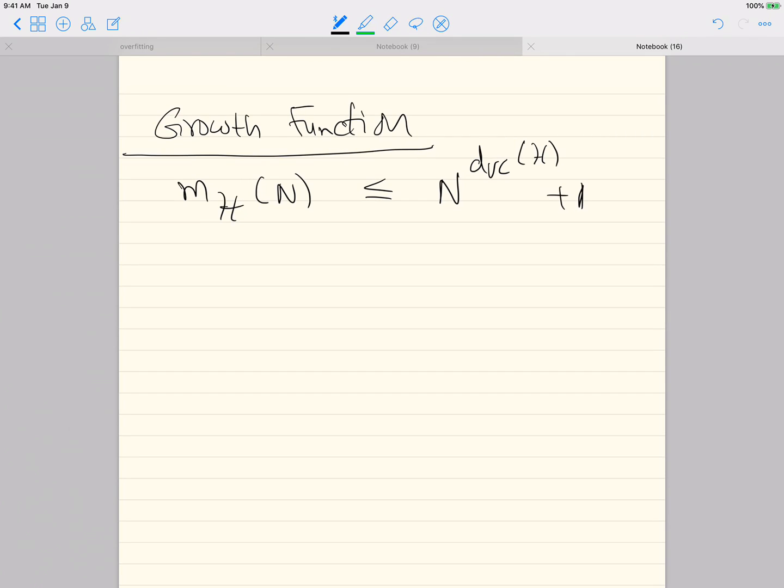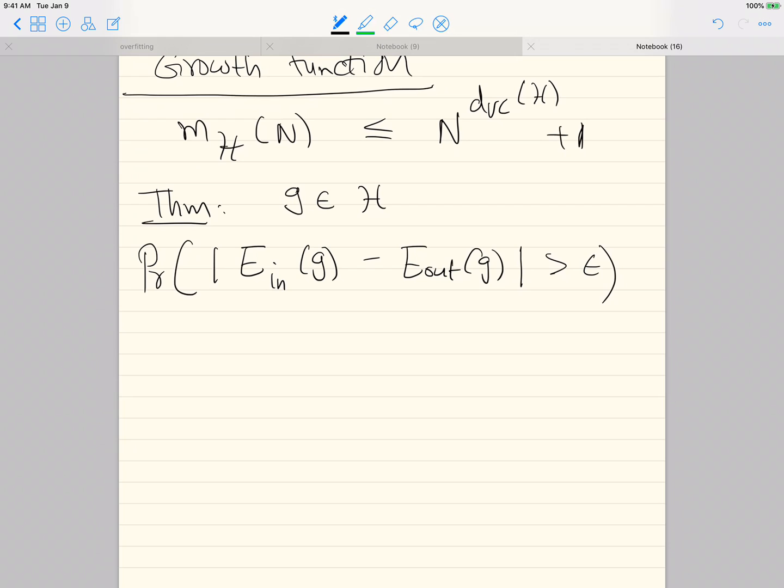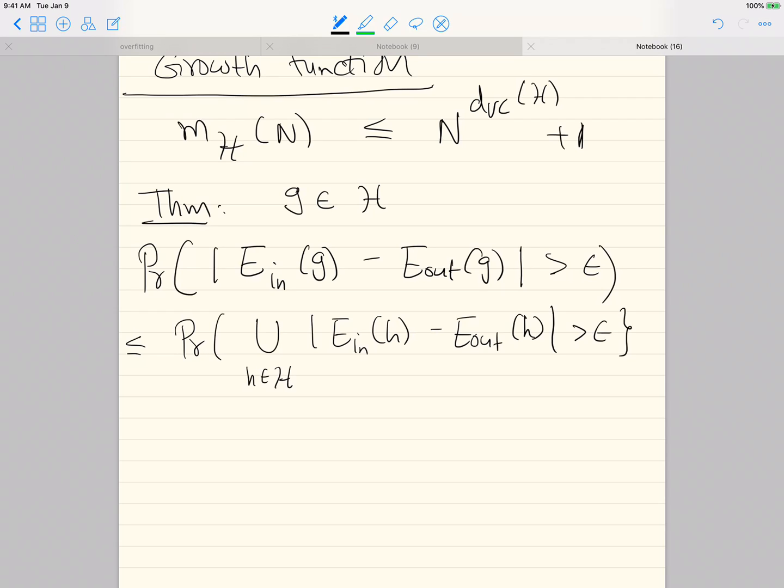So what we can show is the following. The second theorem says that the probability that E in of g minus E out of g, where g is any element in H selected in an adaptive way, so after looking at the data set, is greater than epsilon, which if you recall is less than the probability of the union over h in H of E in of h minus E out of h greater than epsilon.